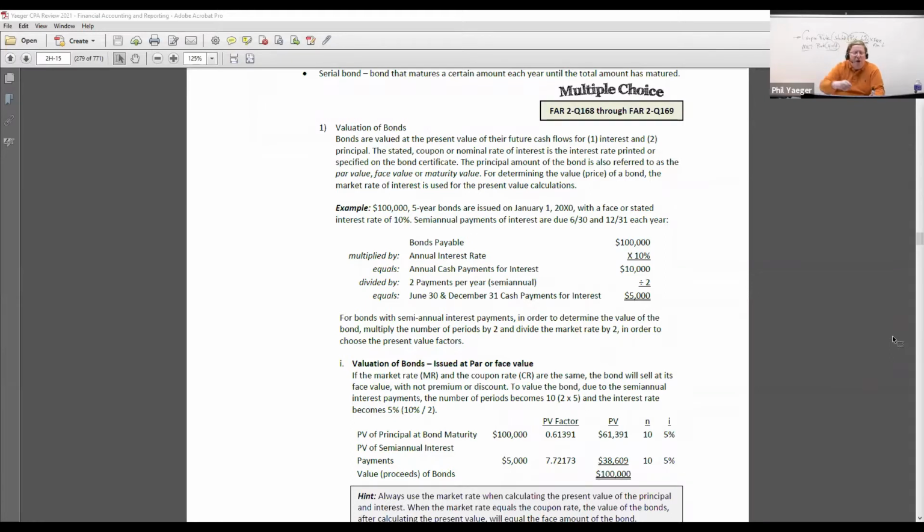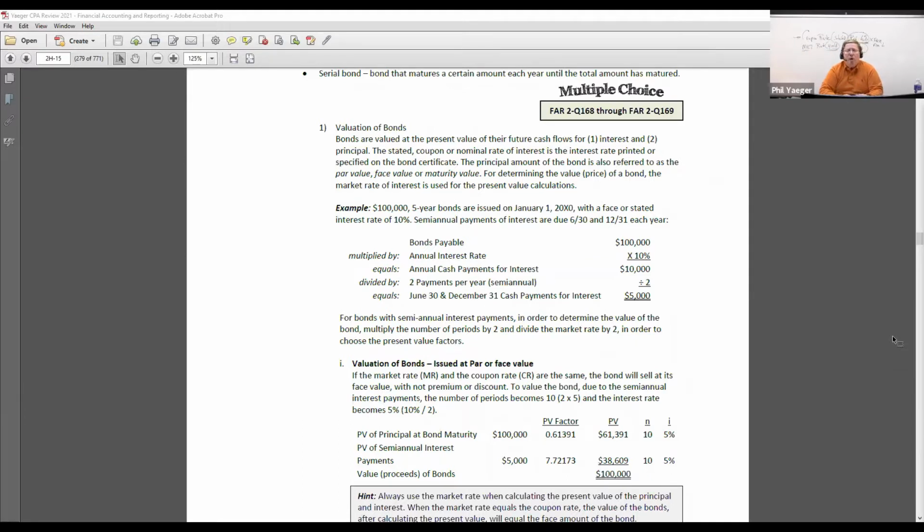For example, if I want to determine how much the face amount of the bonds are worth today, which present value table am I going to use? The present value of $1 or the present value of an ordinary annuity or annuity due? The $1. Remember, the present value of $1 gives you the present value of that future amount, the 100,000, and what it is worth today.